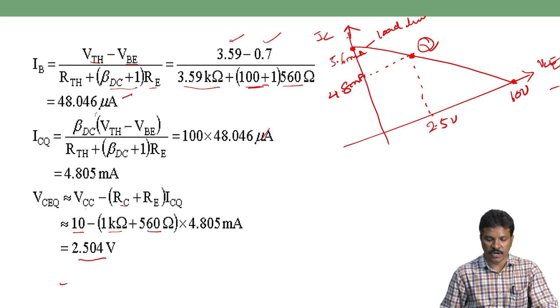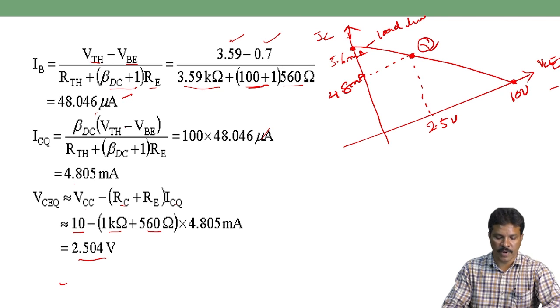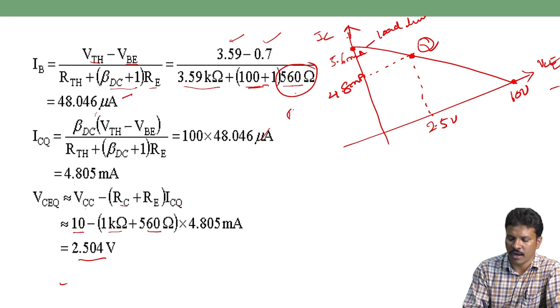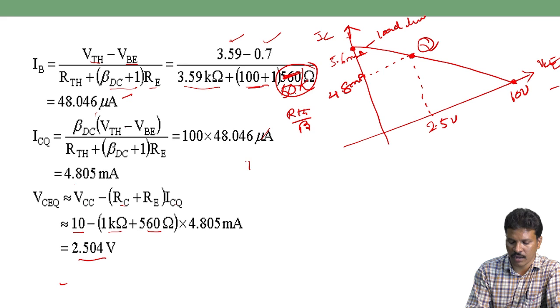In this voltage divider bias network, if you choose the RE resistor in such a way that RE is far greater than RTH by beta, for example 50 kilo ohm, then the entire equation ICQ equals VTH minus VBE by RE only.